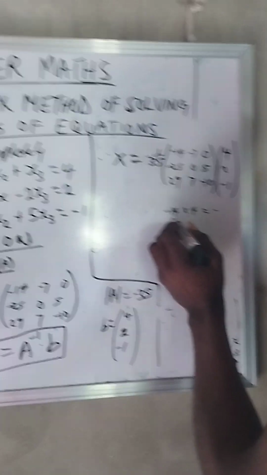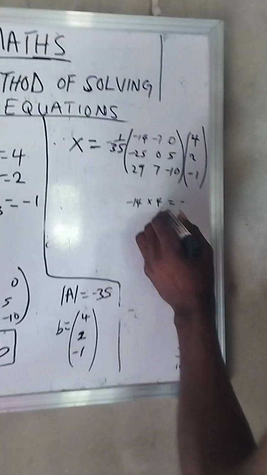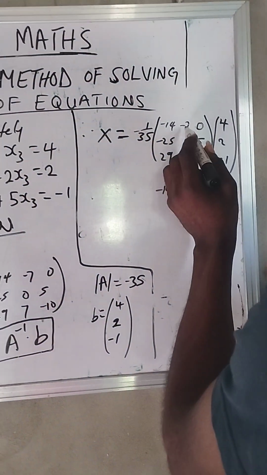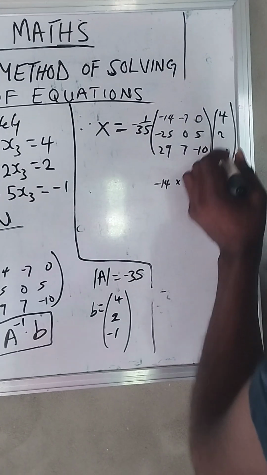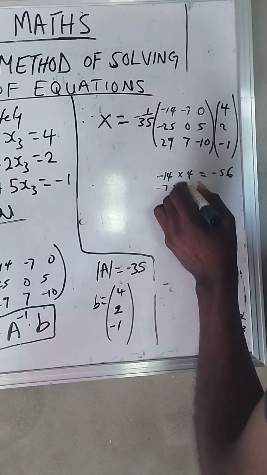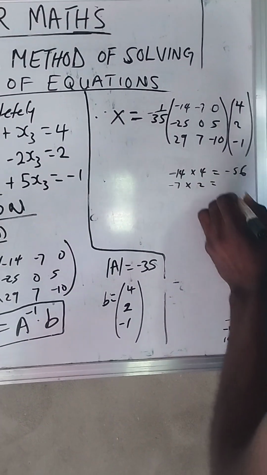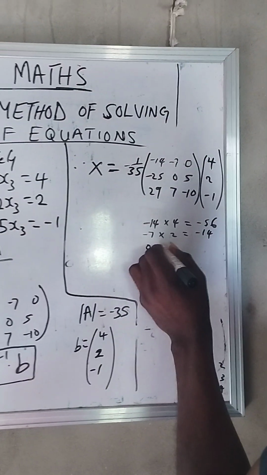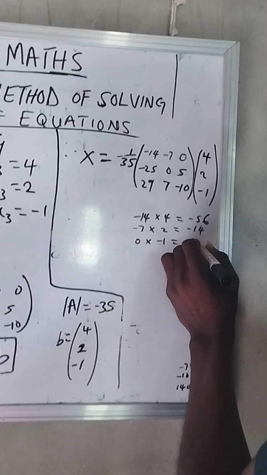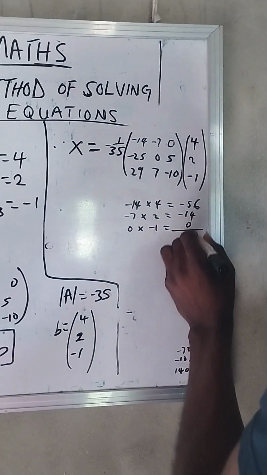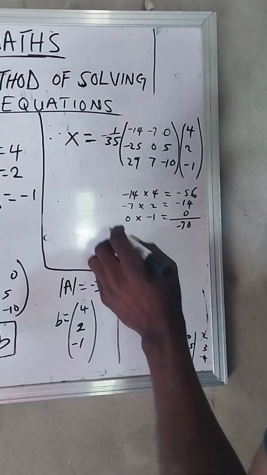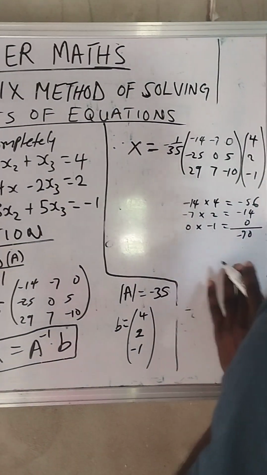So minus 14 times 4 is equal to minus 56. Then minus 7 times 2 is equal to minus 14. Then 0 times minus 1 is equal to 0. So we sum this together, you have minus 70. We're going to do this for all of them.